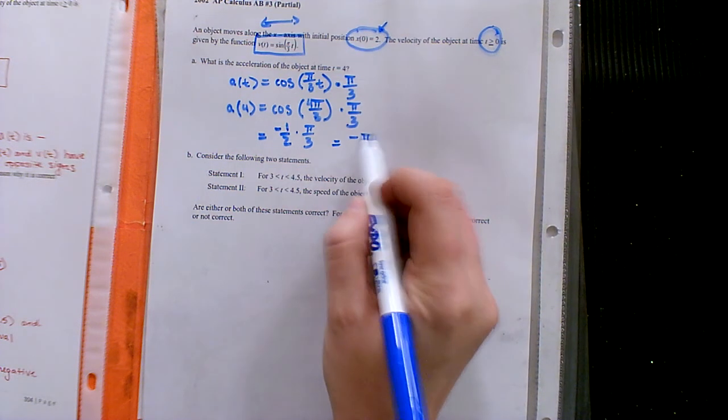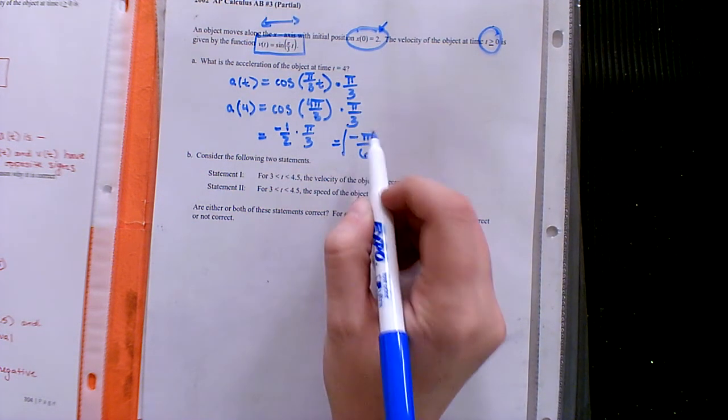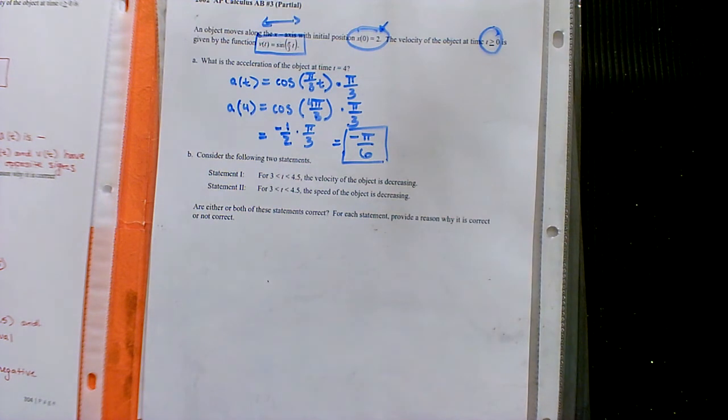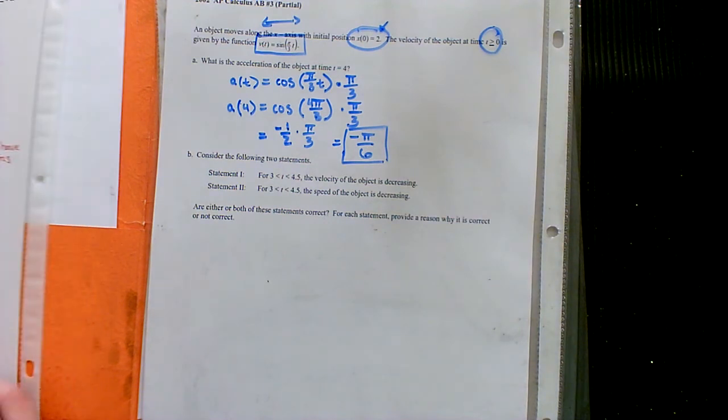So then this would be negative pi over 6. Did they give us units? I don't think so. All right, so in this case, we don't have to worry about it. Looks good. There's our acceleration.